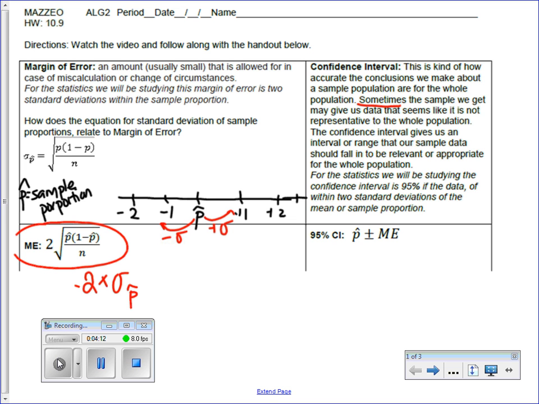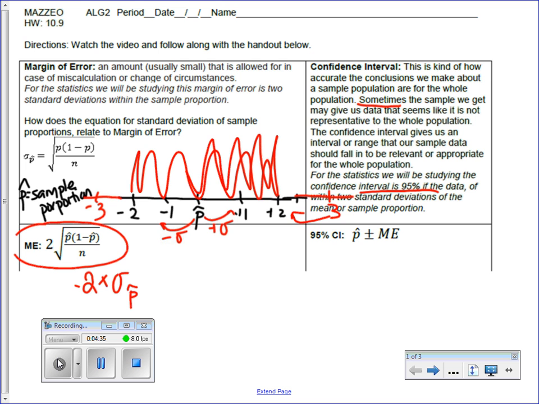This goes hand in hand with margin of error, because like we just said, margin of error is just 2 standard deviations above and below the sample proportion. Our curve extends to 3 standard deviations this way and 3 this way, but we're just going to be looking at this interval here. That's our confidence interval.